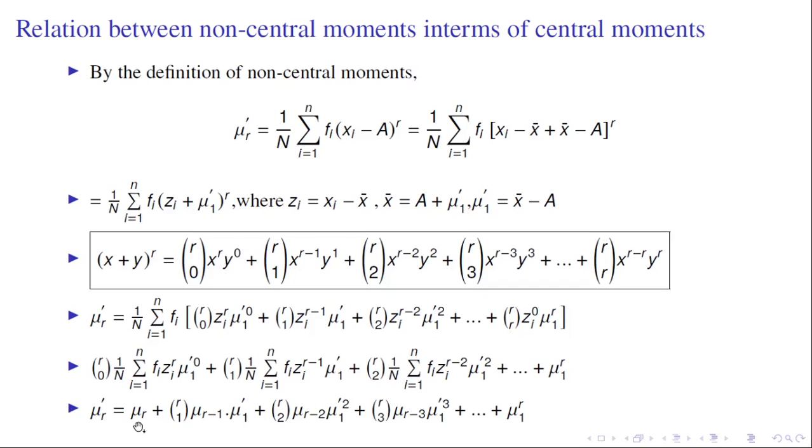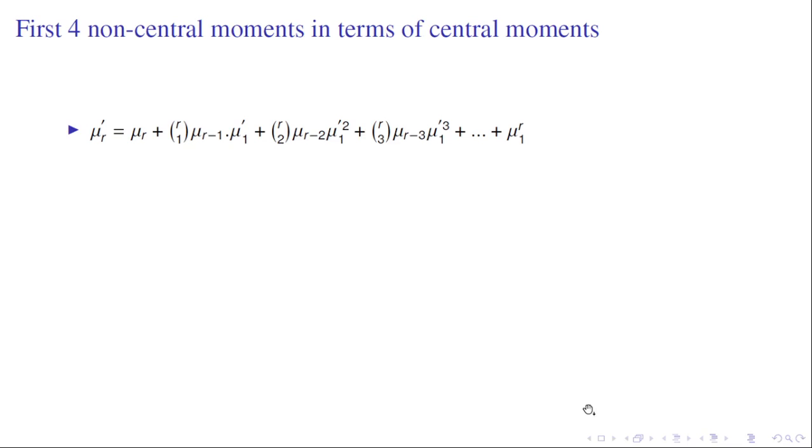So this is μr, the rth central moment, this is the (r−1)th central moment, this is the (r−2)th central moment, and the next term is the (r−3)th central moment, μ(r−3) = Σ fi zi^(r−3) / n. So this is the expression of non-central moments in terms of central and non-central moments.